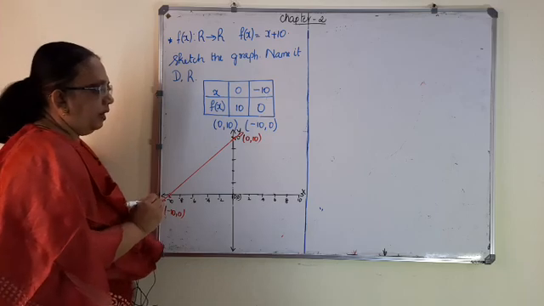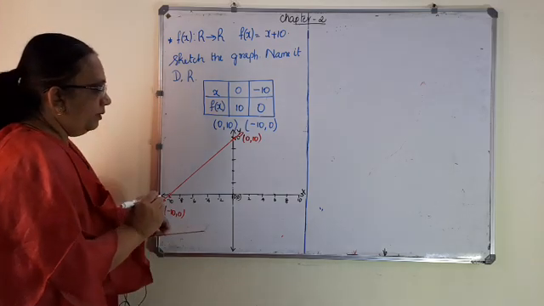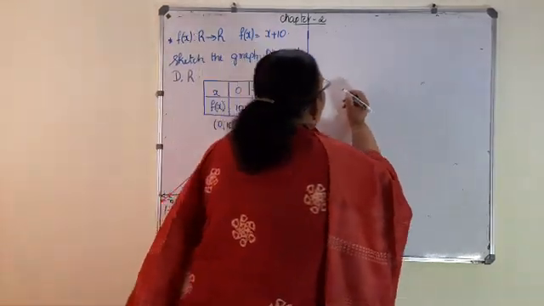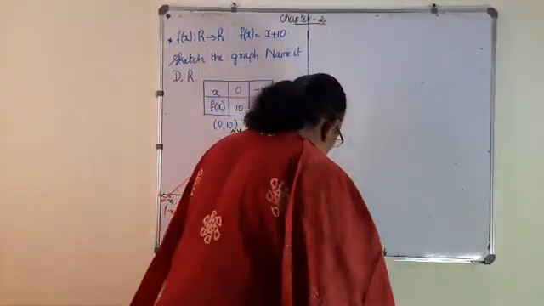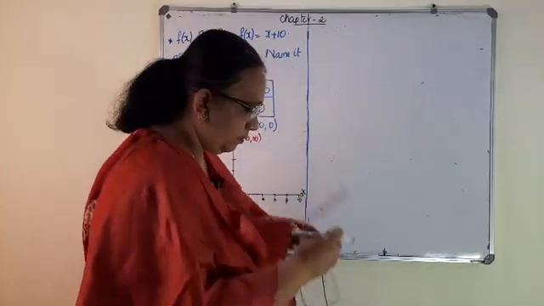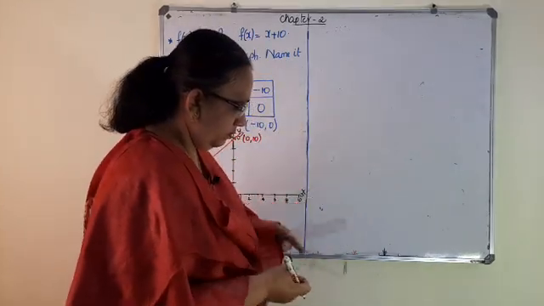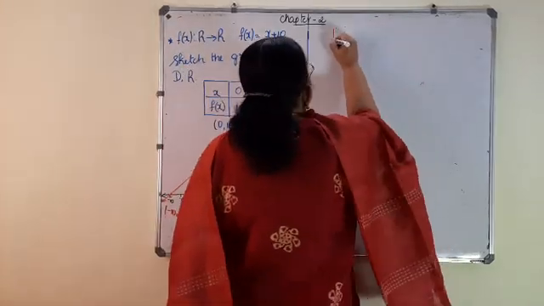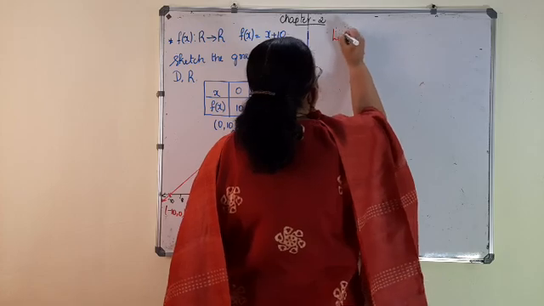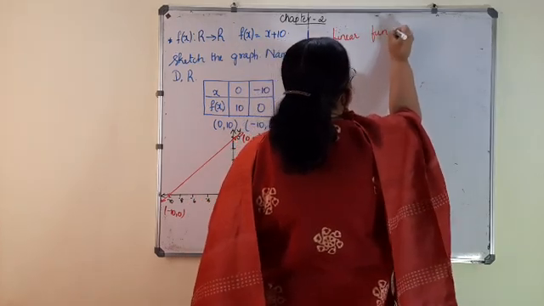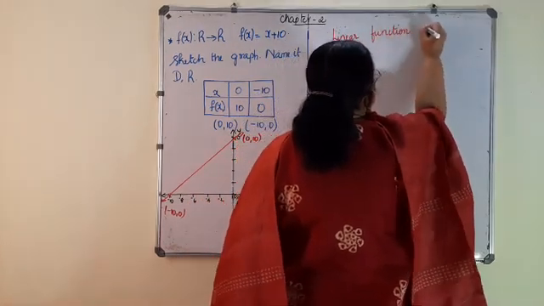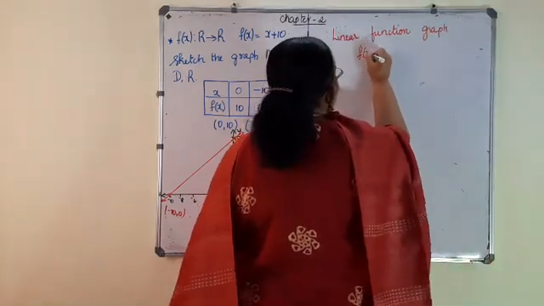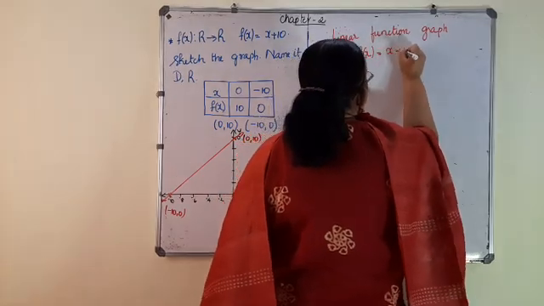Now this graph has a particular name. It is called a linear function graph, of the form f of x is equal to x plus 10.